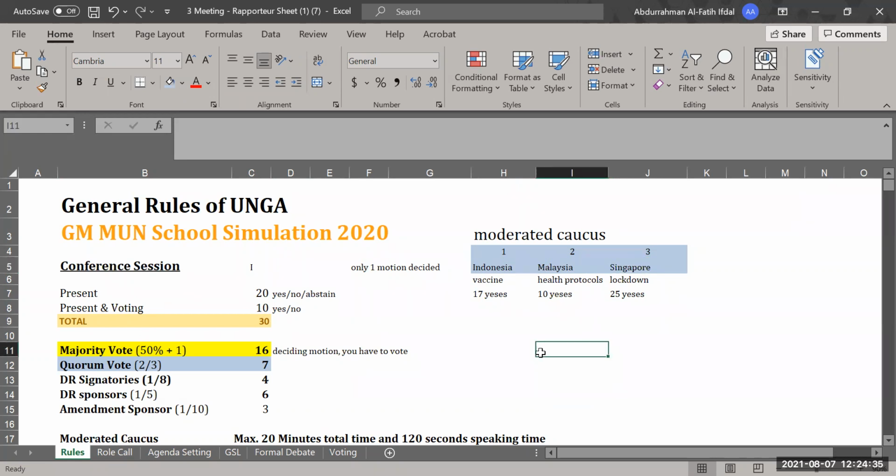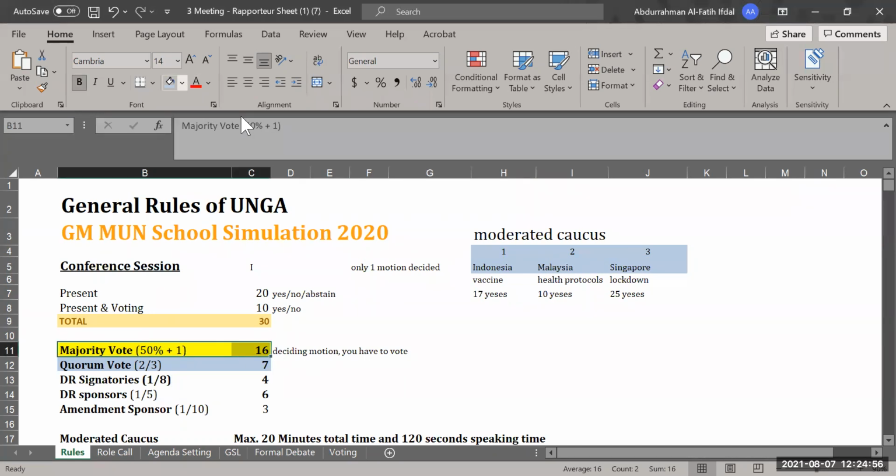Now you have to choose either Indonesia, Malaysia, or Singapore. I want you to answer the question by using the Zoom chat box. Just answer Malaysia, Indonesia, or Singapore. Remember that we are using the majority vote.